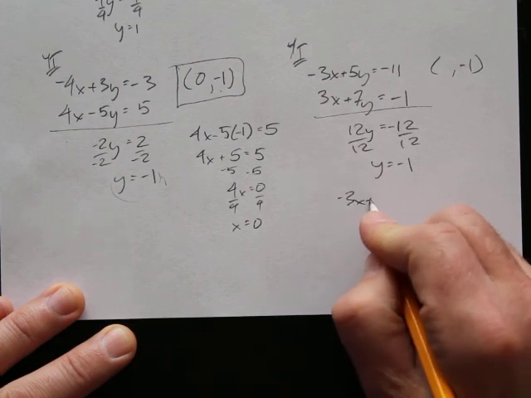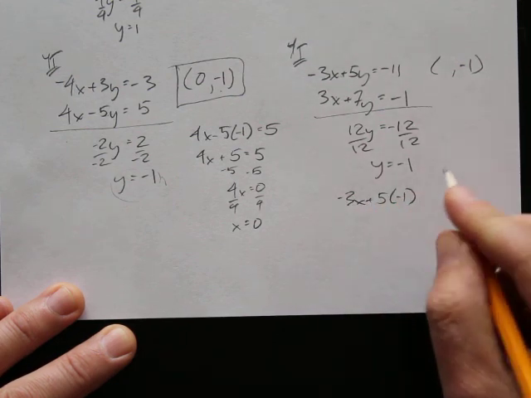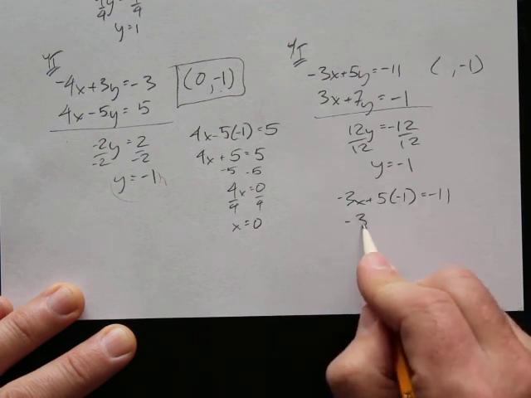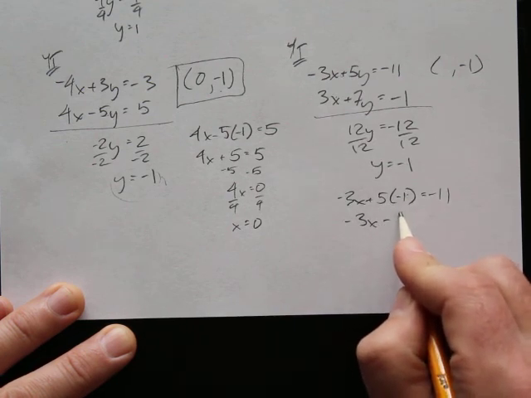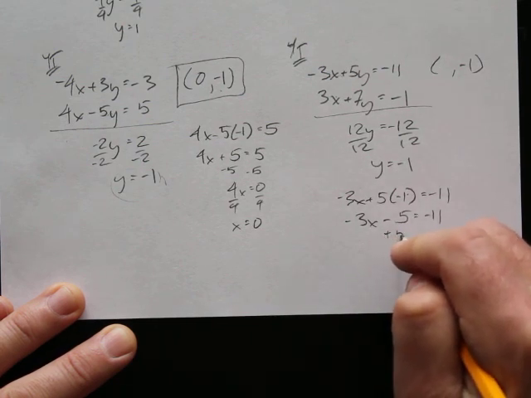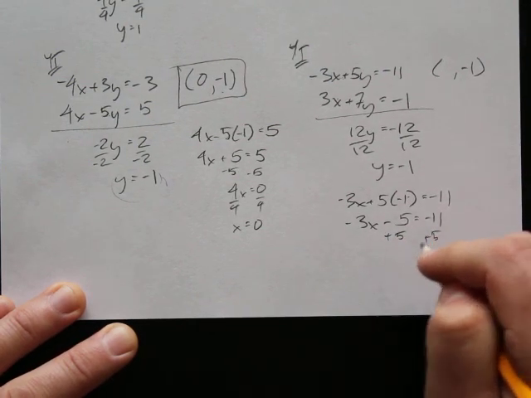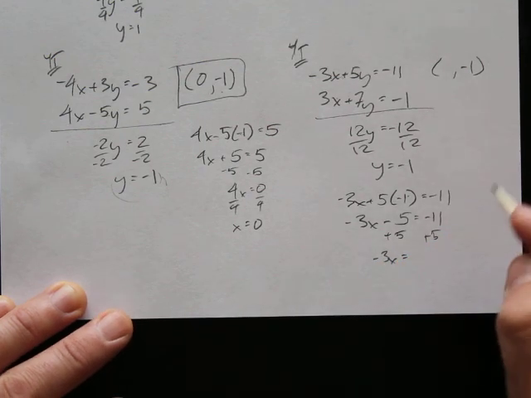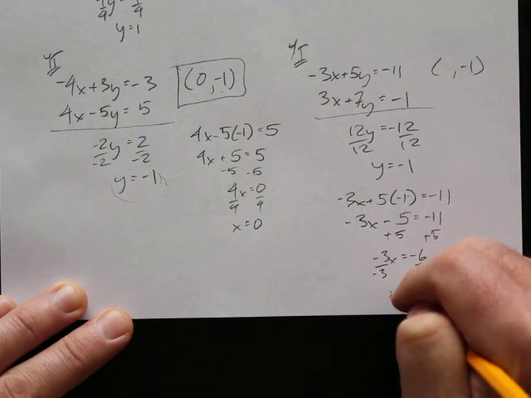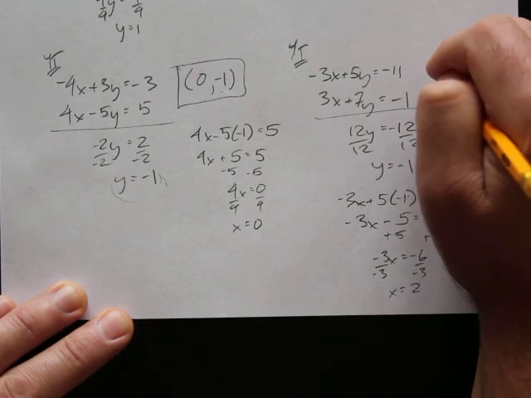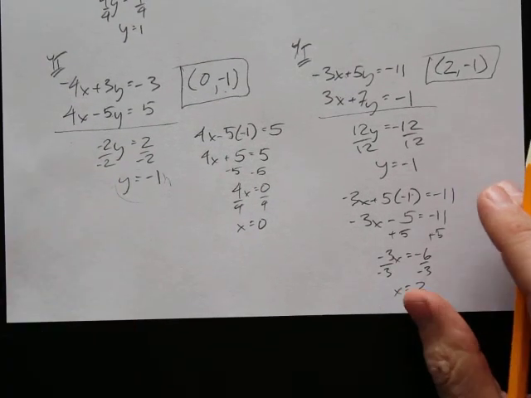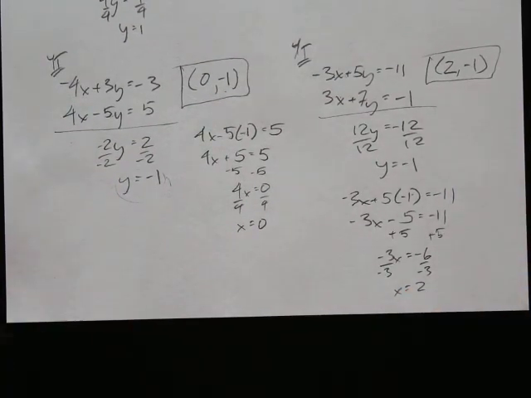Negative 3x plus 5 times negative 1 equals negative 11. So now I've got negative 3x minus 5 equals negative 11. Add 5 to both sides. Negative 3x equals negative 6. Divide by negative 3. X equals positive 2. And there's my answer.